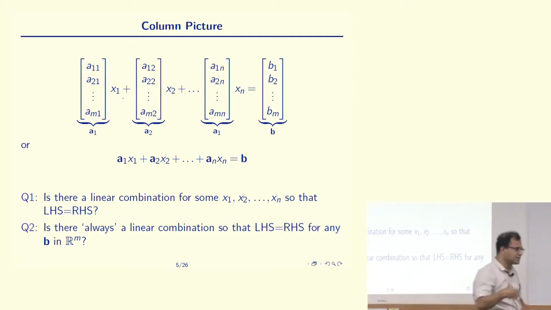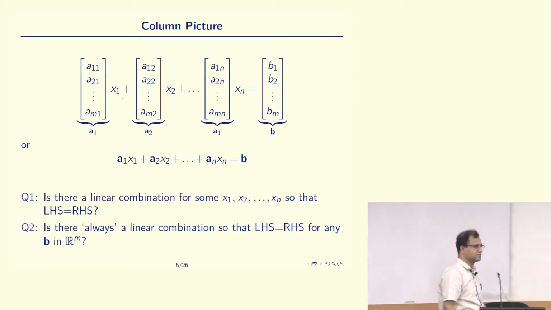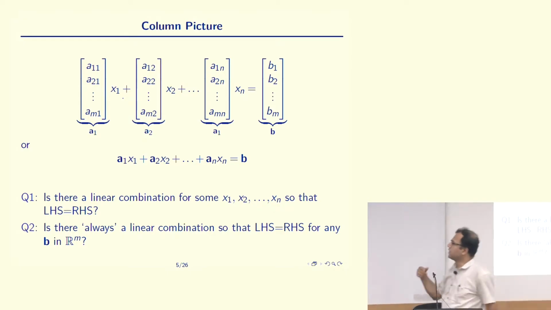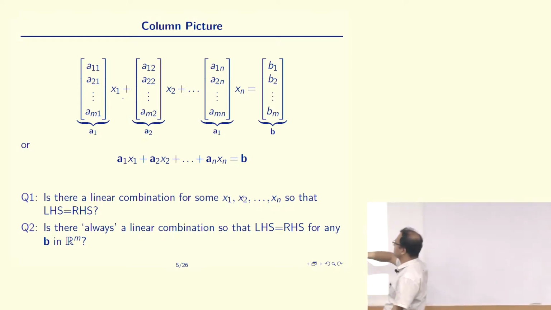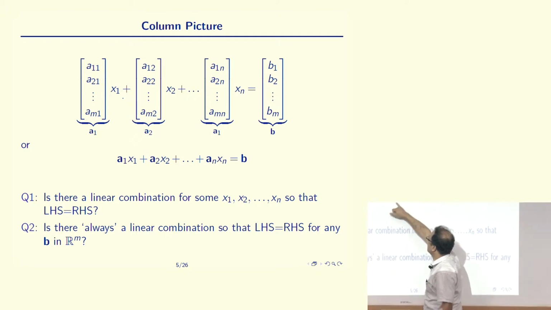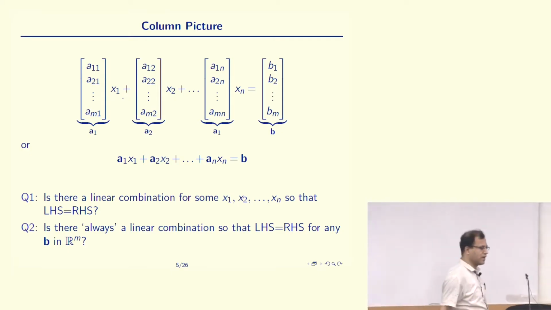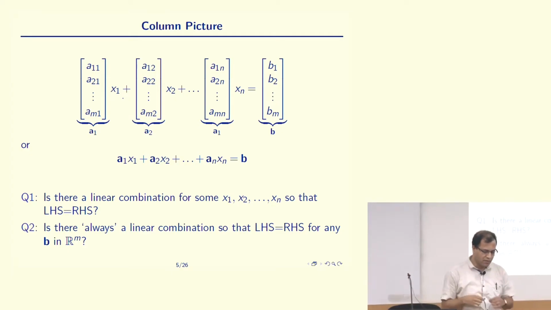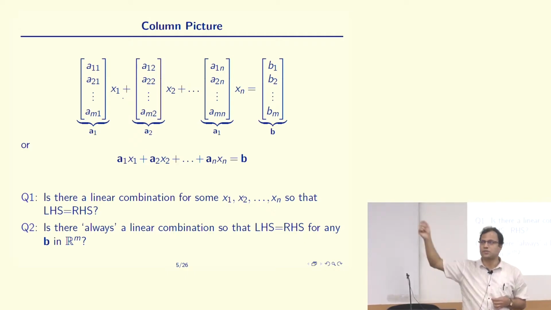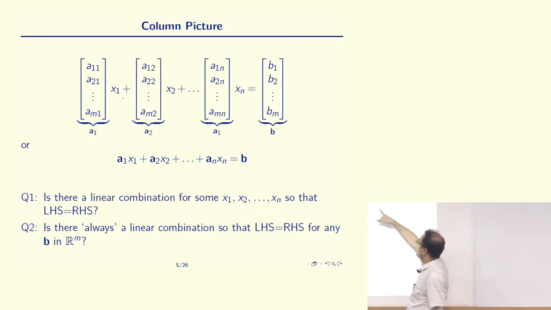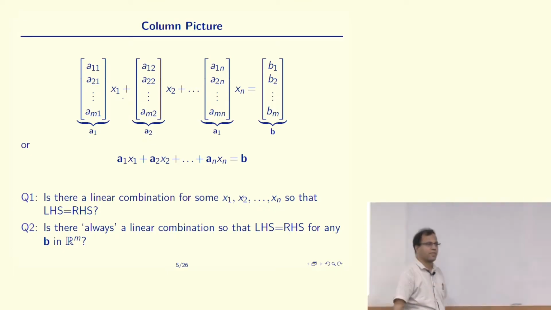So to understand whether there is a solution of this system of linear equations, what we need to check is whether there exists at least one such linear combination of these vectors which is equal to the right hand side vector. Or in other words, we have to find such x1, x2, xn, right, which will give us this right hand side vector v.